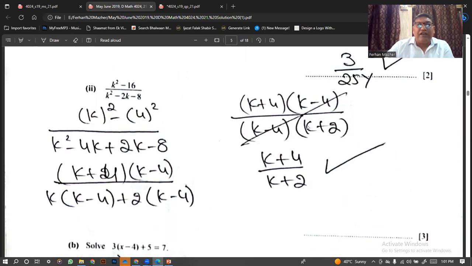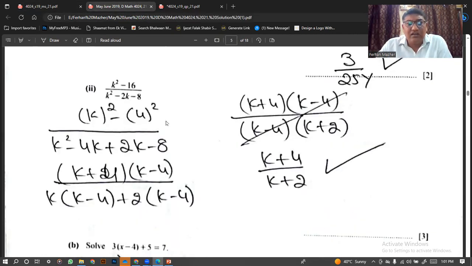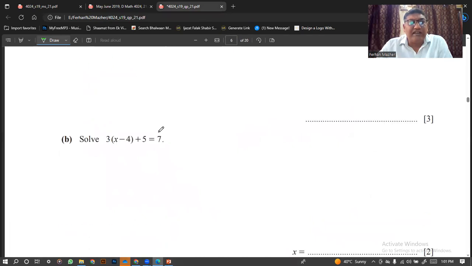Now take the (k minus 4) bracket common in the denominator. You will have another bracket there, k plus 2. So k minus 4 is cancelled. So you are left with k plus 4 divided by k plus 2. So this is how this is done. Our answer is right.